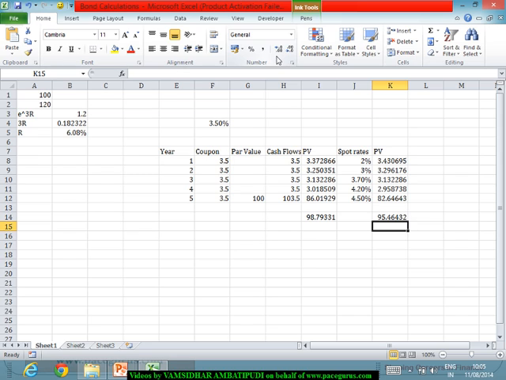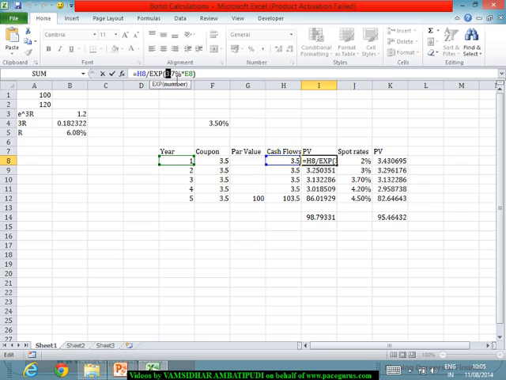Now, if I want to bring the price of the bond equal to the same, what should be the discount rate I should have used? Instead of 3.7%, let's say I have used 4% across.